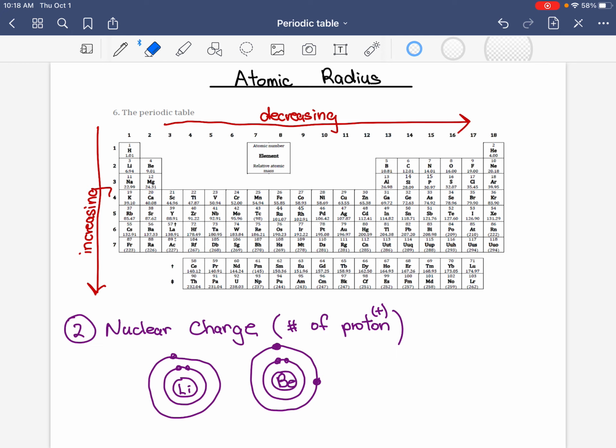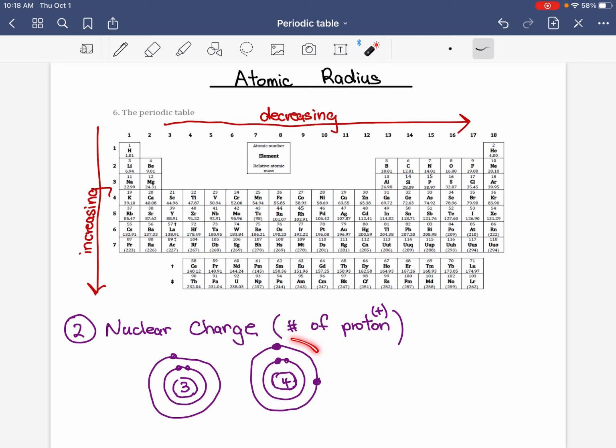So when you look at lithium, for example, lithium will have a nuclear charge of 3 protons. Beryllium has a nuclear charge of 4 protons. So if I ask you a very simple question, which atom has a stronger nuclear charge?